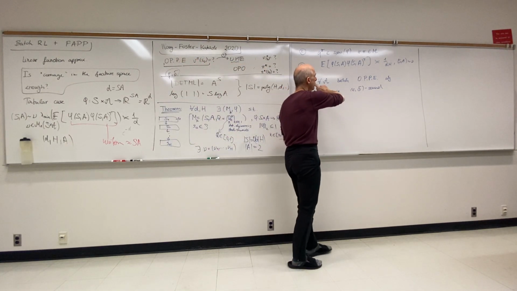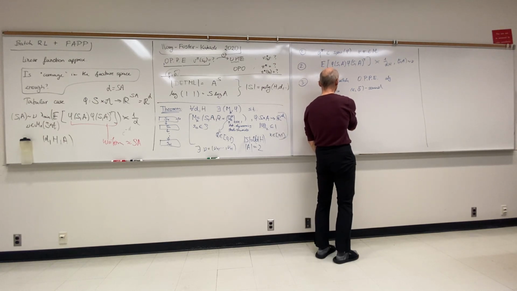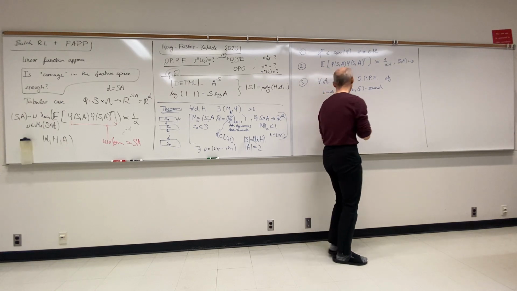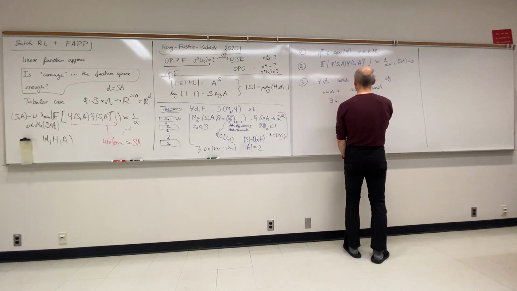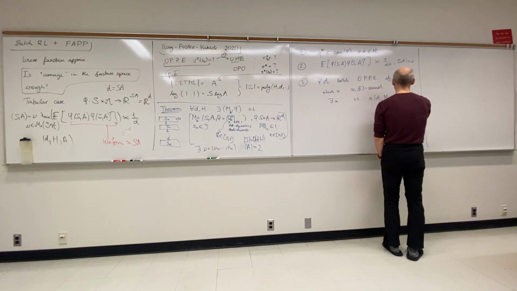So, no matter how you choose this algorithm, there exists a value of kappa. Choose an adversary for this algorithm such that the number of samples required by A on M kappa, if it needs to return an epsilon delta accurate estimate, is at least d to the power of h.